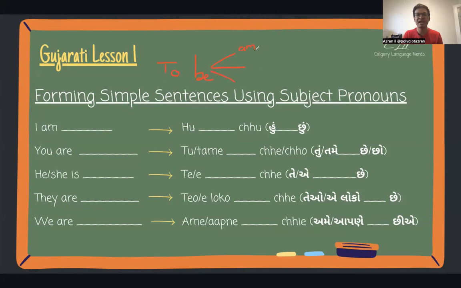To be can become am, are, is. In the past tense, it can become was, were. So to be has lots of different forms depending on the person using the verb and when that verb is taking place.